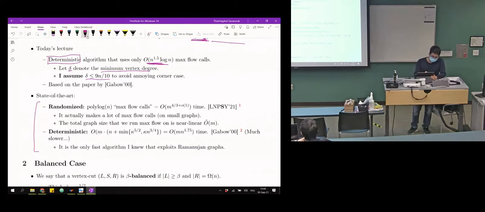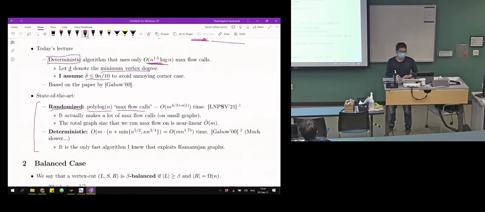But for randomized algorithms, very recently, my co-author and I improved the state of the art to just polylog max flows. For each max flow, you can assume for simplicity that max flow can be done in near linear time, because we believe it will be, maybe in 10 years. Right now, it's not near linear yet.